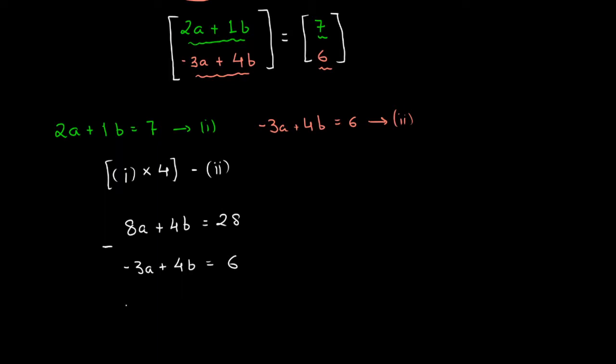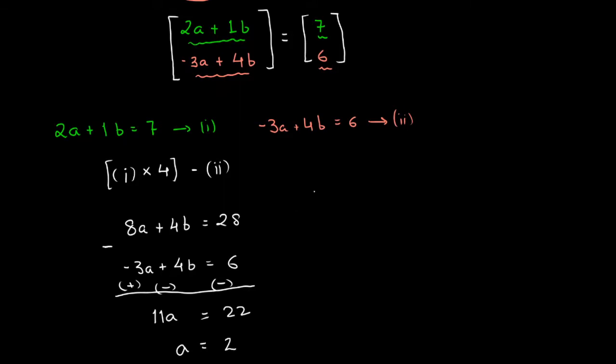Now when you subtract these two equations, remember the signs in the bottom one will change. So this becomes plus, this positive becomes negative, this positive becomes negative. 8A plus 3A will give me 11A, and 28 minus 6 will give me 22. This tells me A is equal to 2.